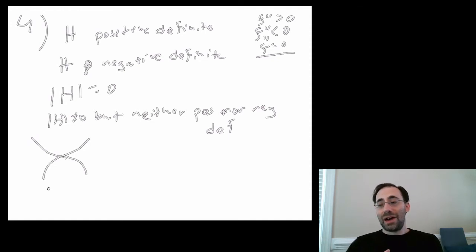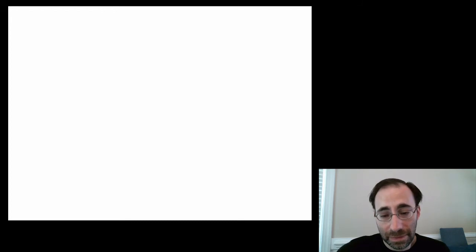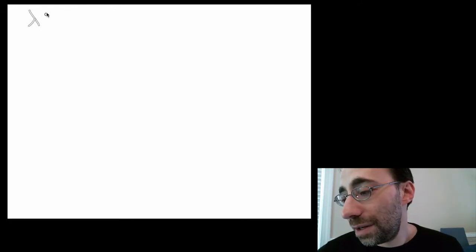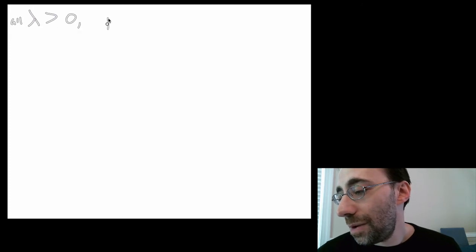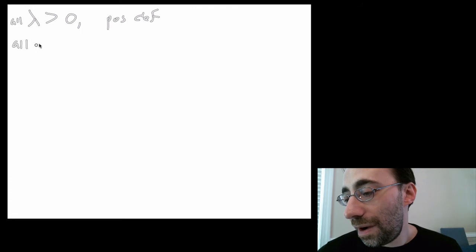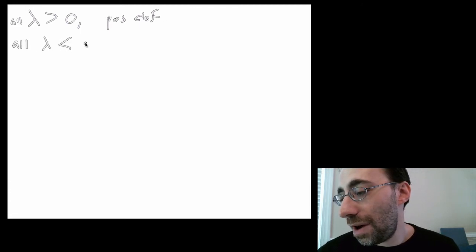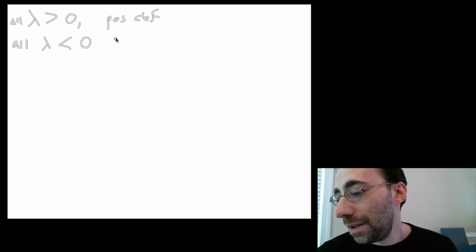Now we can look at how to actually compute whether or not you have a positive definite or a negative definite Hessian. If the eigenvalues are all positive, you have a positive definite matrix. If all eigenvalues are negative, you have a negative definite matrix.